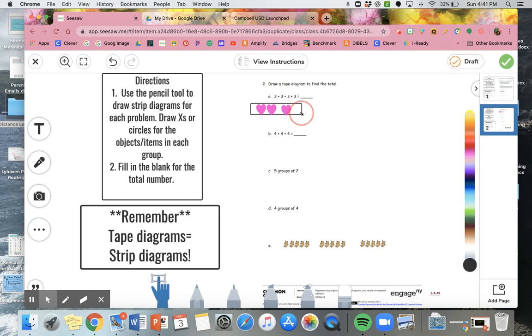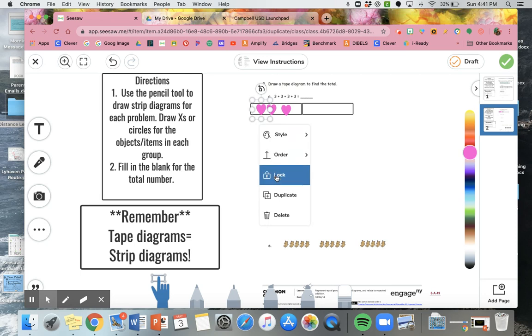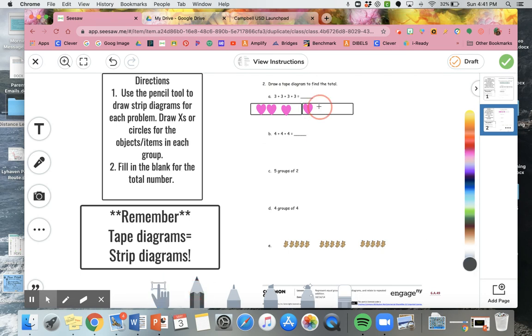And then you would just need to duplicate the box, and then duplicate the picture. Now, if you don't want to do that, you don't have to. You can just draw a heart, or you can draw an X. And then you need to do as many strip diagrams as there are groups.